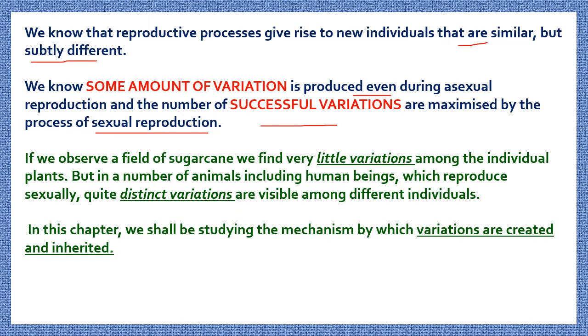If you observe a field of sugarcane, what do you find? You find very little variation among the individual plants. But in a number of animals, including human beings, which reproduce sexually, quite distinct variations are found.